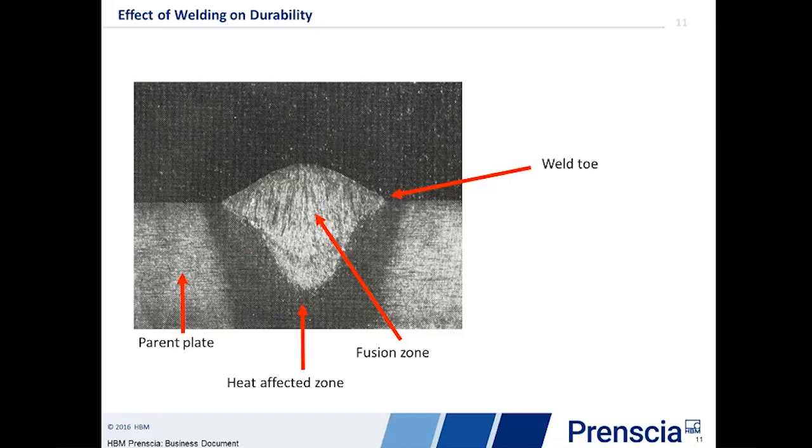We've created a heat-affected zone. We may have deposited a weld metal. We've left discontinuities, things like at the weld toe, possibly at the weld root. We've left, many times, high residual stresses. And these all build up to make the analysis of the weld far more difficult in a traditional sense.